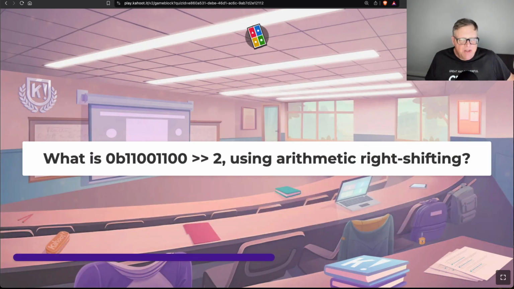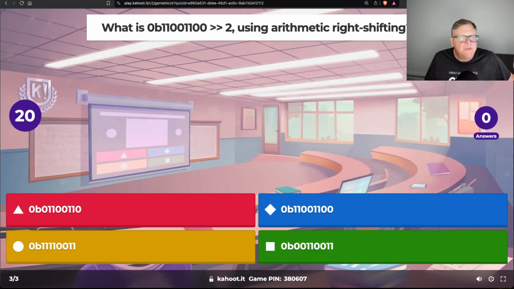All right. And what's that, using arithmetic right shifts?